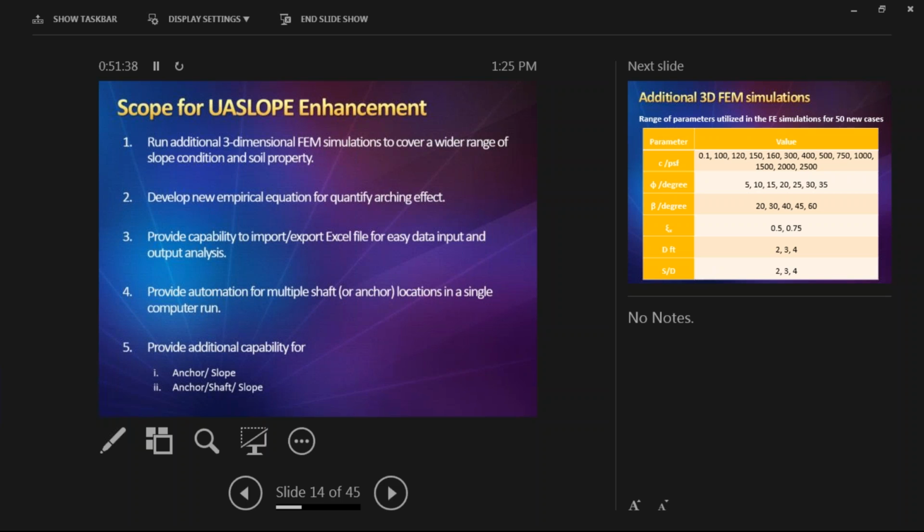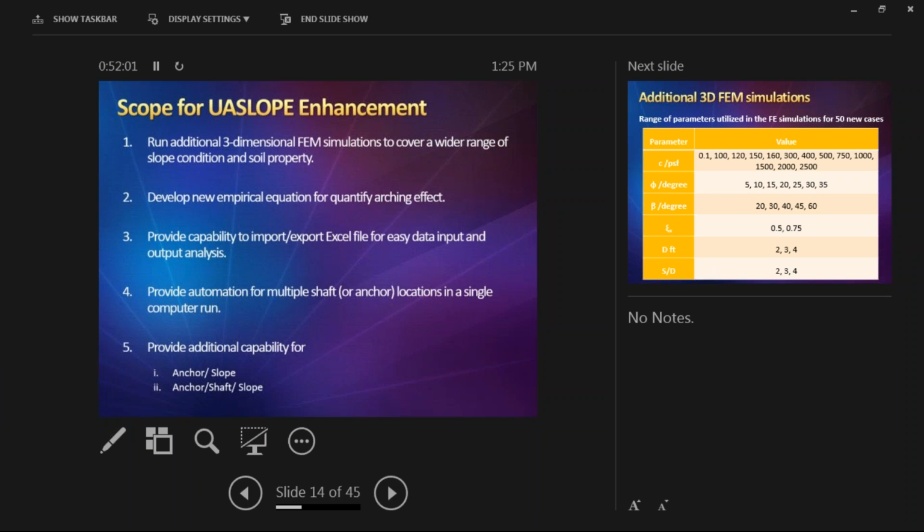It would be easier for engineers to develop many design scenarios using the spreadsheet, because they can copy and paste all the repeated information and run all of this at once, rather than running one case and then going back to the program interface to retype all the input data.